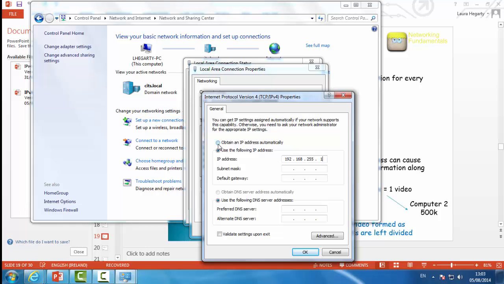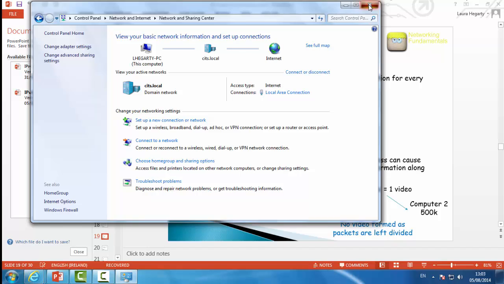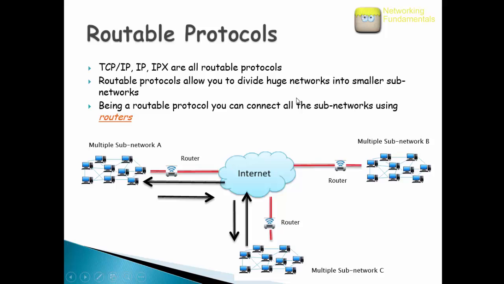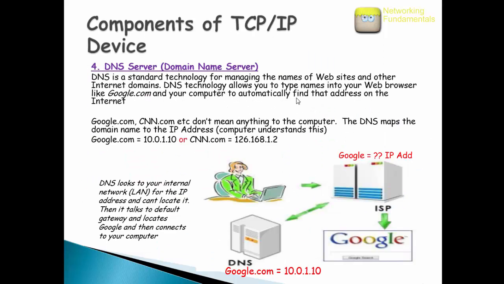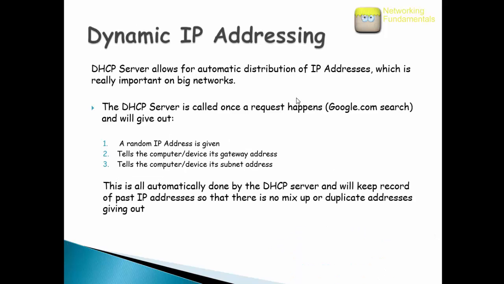But I'm going to go back to the way it was set up, which is Obtain an IP address automatically, and leave it be. So that's where you would change it. Okay, so close all that.